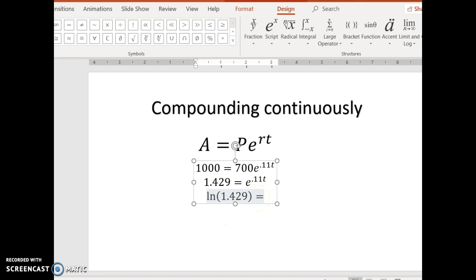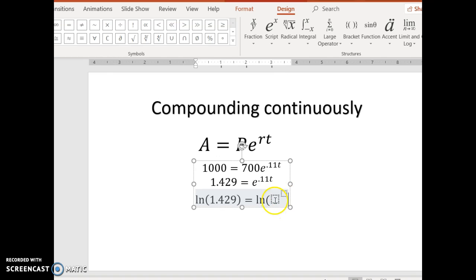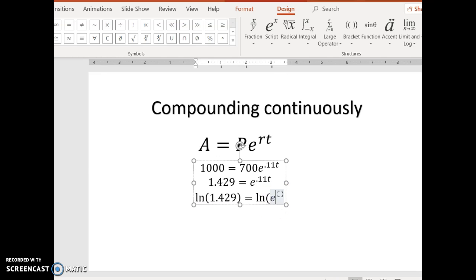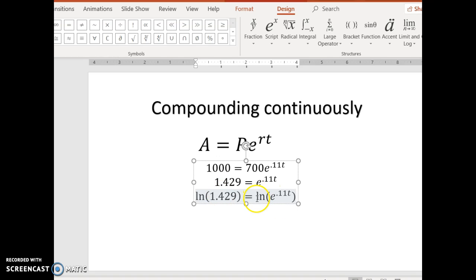It's going to equal the natural log of, I need to put exponents, okay, superscript, okay, e to the 0.11t, move down, close the parenthesis. Because when I take the natural log of e, it's just going to be 0.11t.